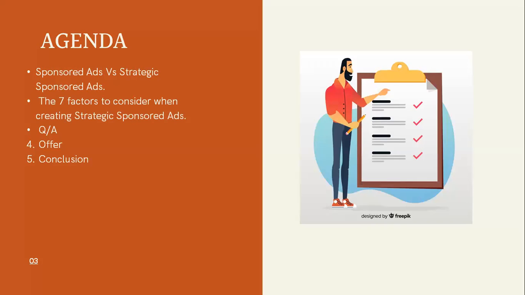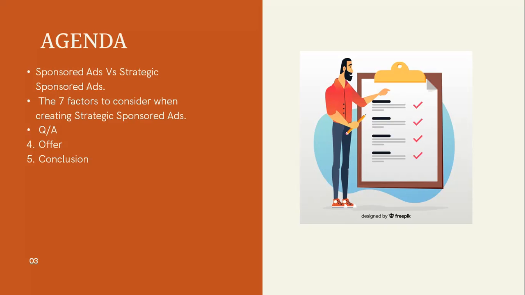So what's our agenda? Our agenda is, one, to address the difference between sponsored ads versus strategic sponsored ads. Two, the 7 factors to consider when creating strategic sponsored ads. Then three, I'll take your questions and answer them.